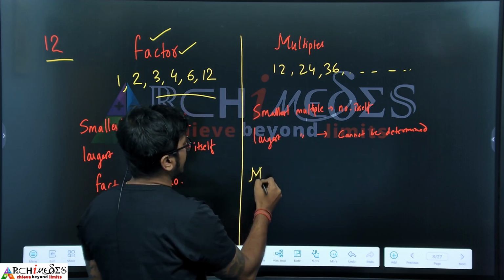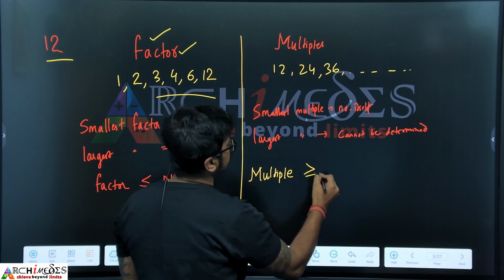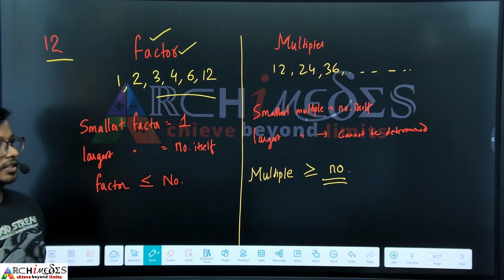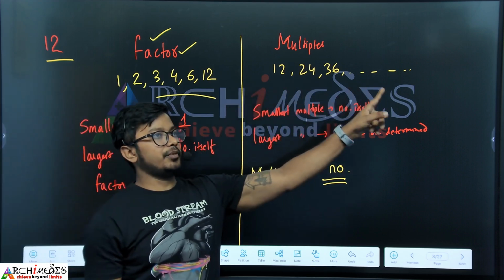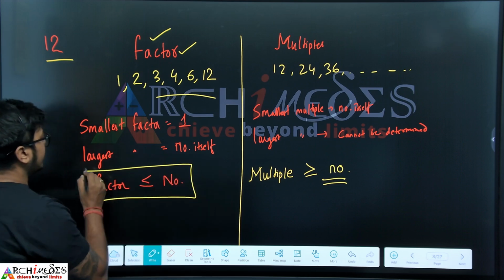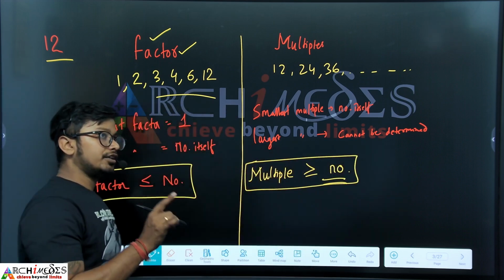Can we say that a multiple is always greater than or equal to the number? Check it, each and every multiple is. This last note is very helpful to identify when to apply HCF and when to apply LCM in a problem.